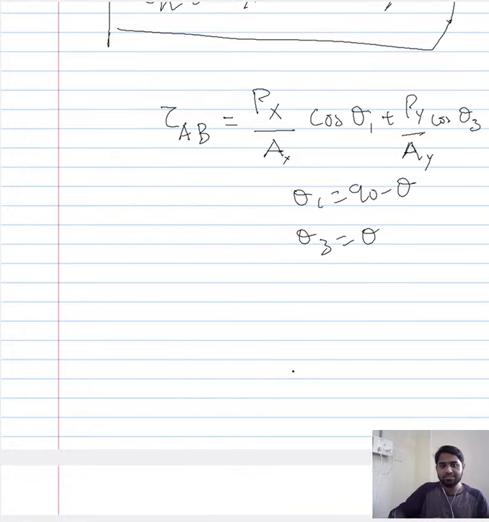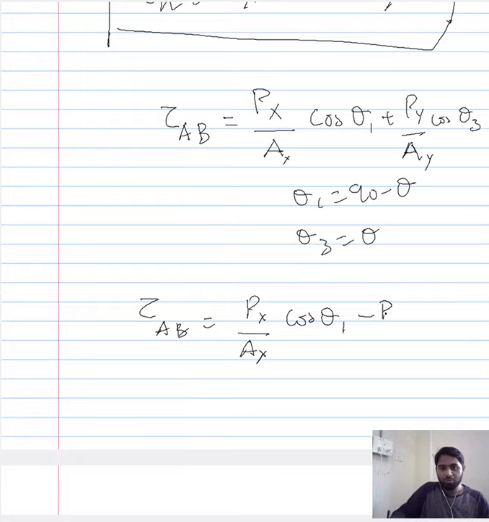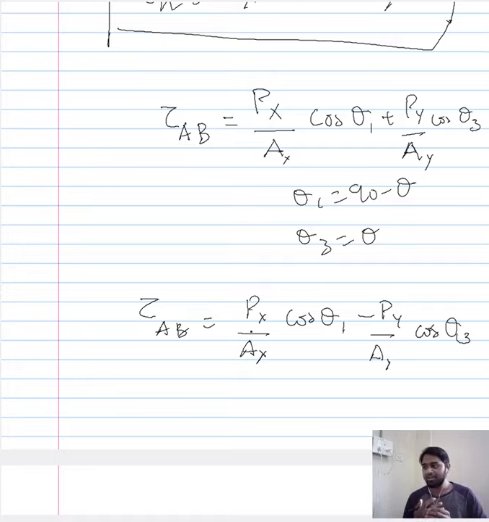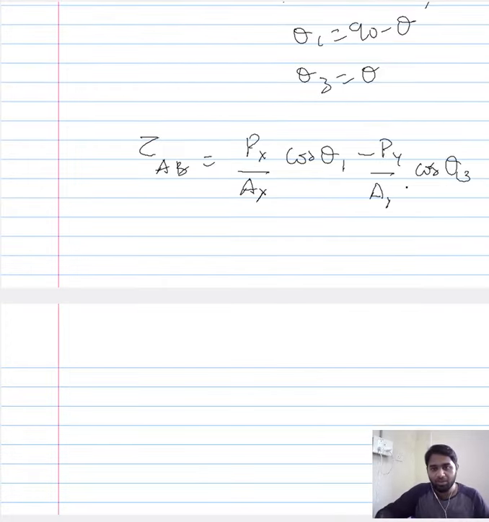Therefore, this overall stress should be minus Py by Ay cos of theta 3. The negative comes from the convention, because we are projecting accordingly. Let us first substitute these angles, and then we will quantify what the respective areas are.